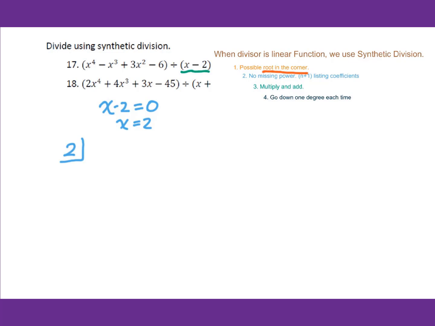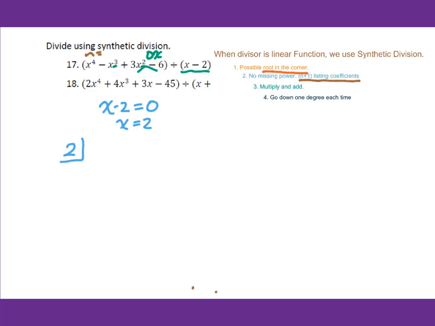For the polynomial function, we have x to the fourth power, then third power, second power. We need x to the first power, so I put the 0x here. In other words, there are n plus 1 listing coefficients.